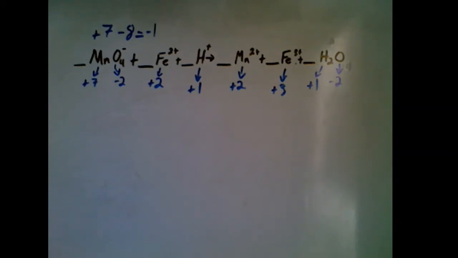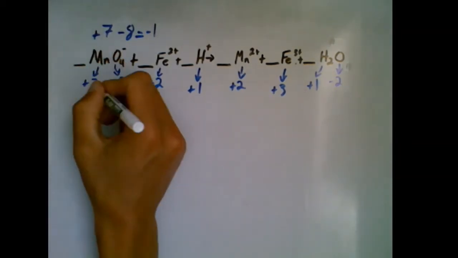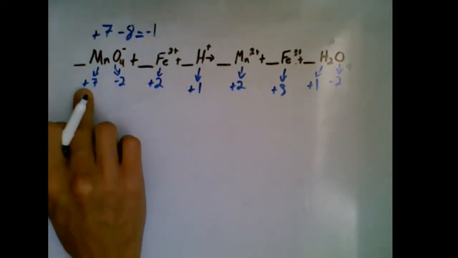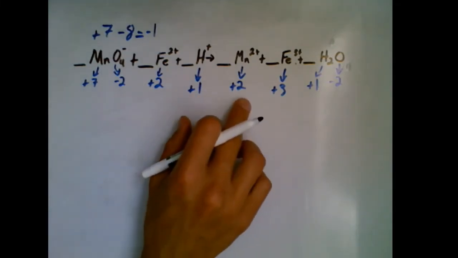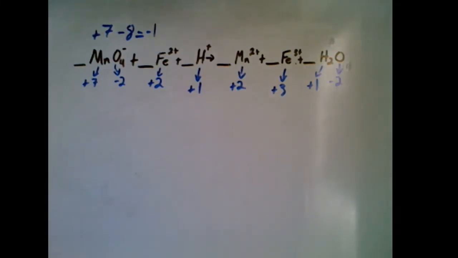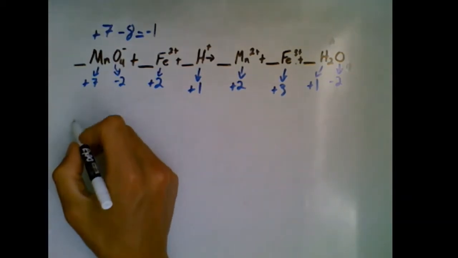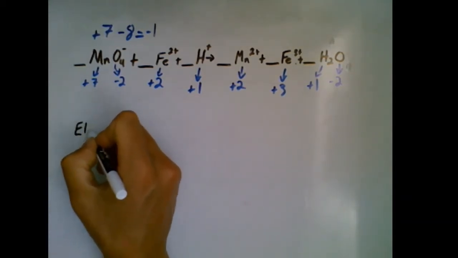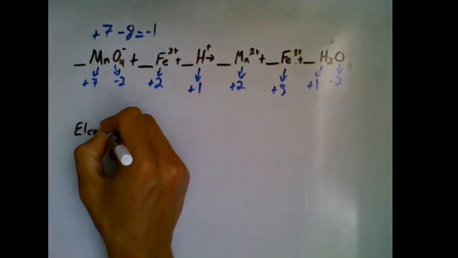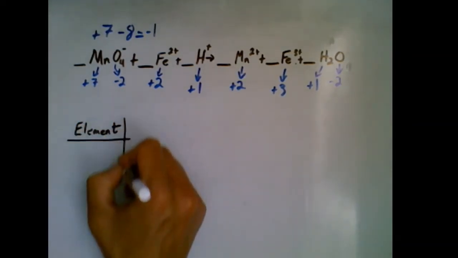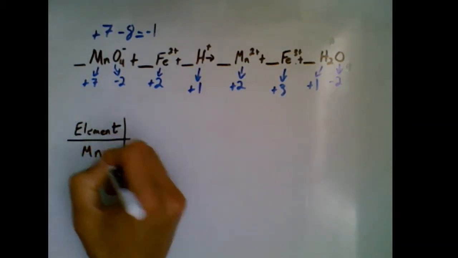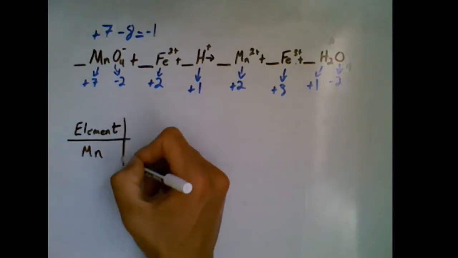So does anything actually change here? Well, manganese pretty obviously changes. It goes from a +7 to a +2. So if we're going to start building our chart and we want to take a look at our elements or substances, whatever you want to write here, the very first thing we're going to write is Mn because we know that its oxidation number has changed.